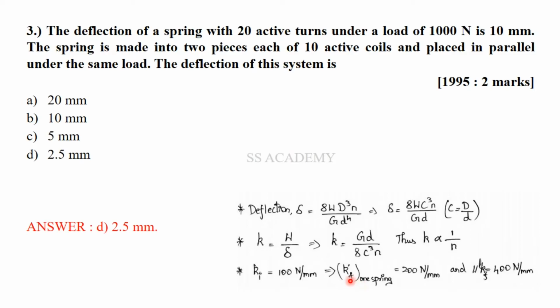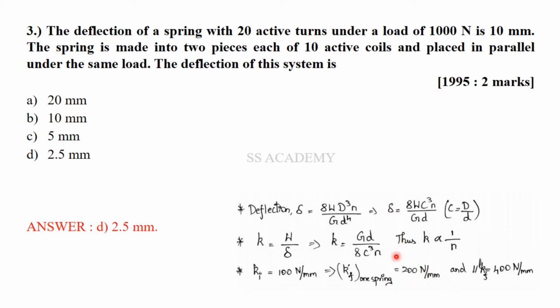So the K' of one spring, that is after it is split into two pieces, N is reduced by 2. So if N is reduced by 2, the K will be increased by 2 times. So it will be 200 Newton per mm. And they are placing it in parallel.